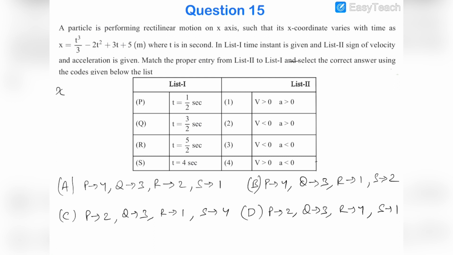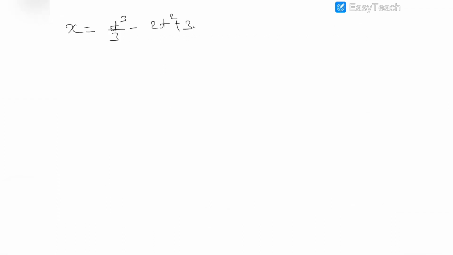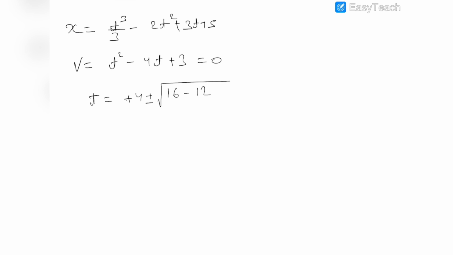So this is t cubed by 3 minus 2t squared plus 3t plus 5, and v will be equal to t squared minus 4t plus 3. If we equate this v to 0, then t will be equal to 4 plus minus under root 16 minus 12, by 2.